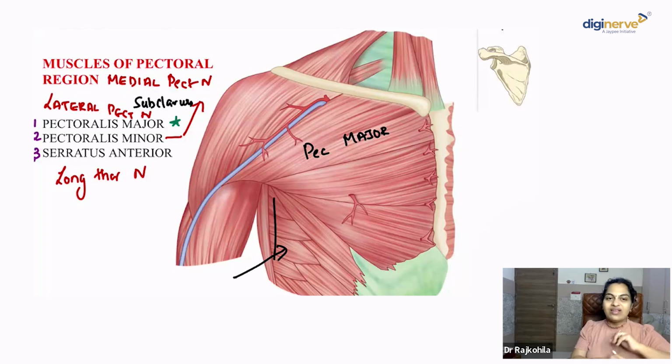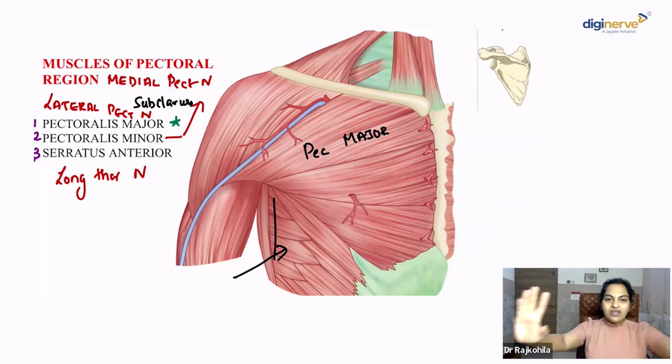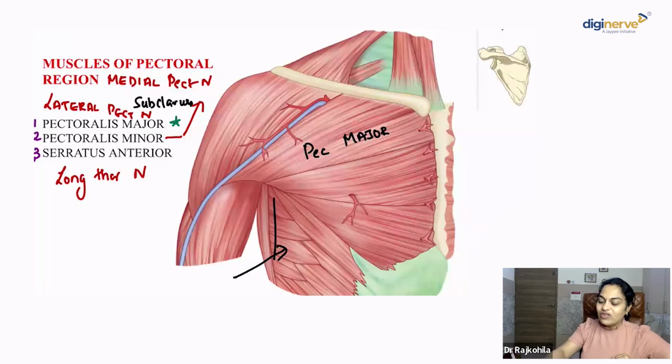We know that the serratus anterior helps in protraction of the scapula. So when the long thoracic nerve is injured, you ask the patient to push his hands against the wall. You can see what happens? The serratus anterior is paralyzed, so protraction is not possible.